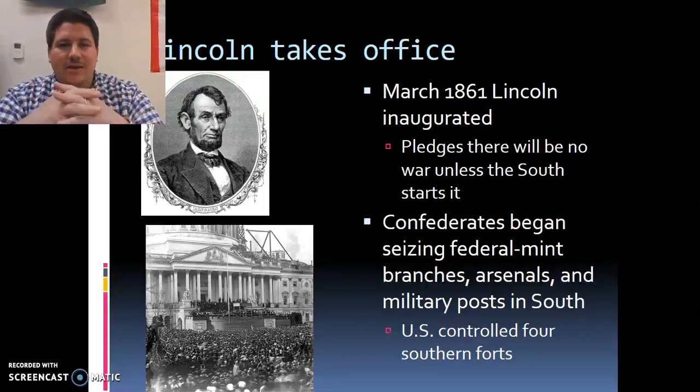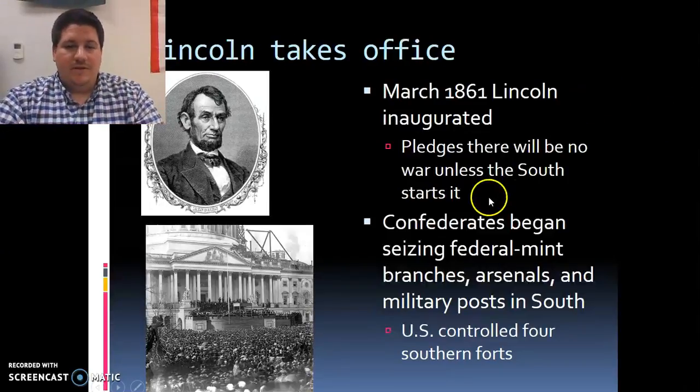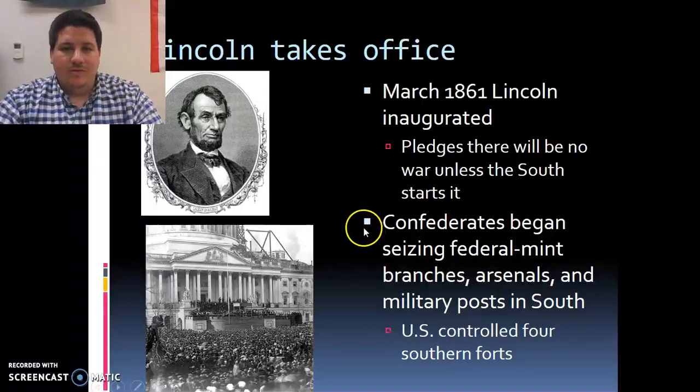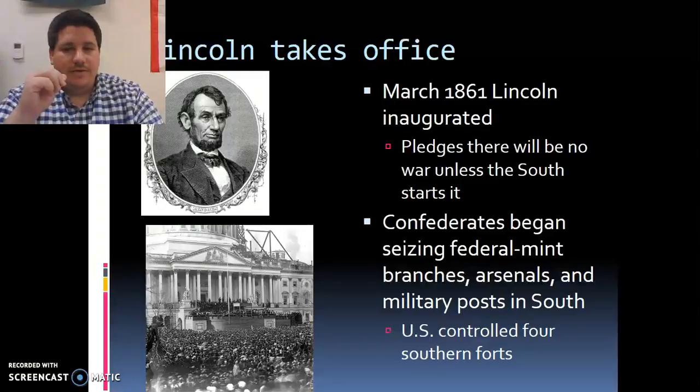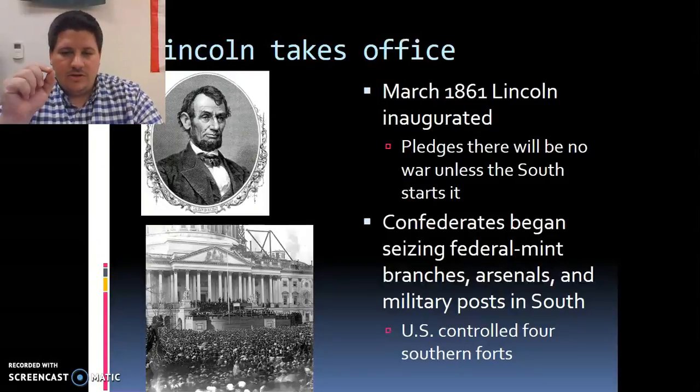This confederacy beneath him. Meanwhile, of course, the Confederates are very active at forming their new government. So they're going to start seizing federal branches. They're going to start seizing arsenals, military posts, these things in the South. And at the point of Lincoln's inauguration, the Union controls four forts in the South.